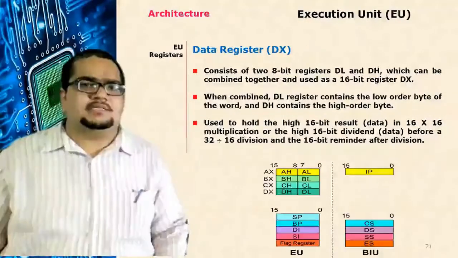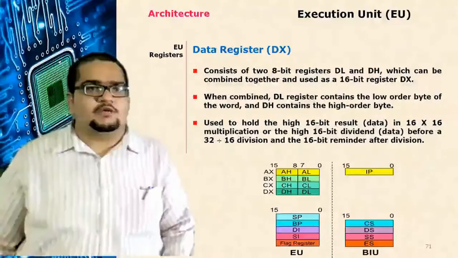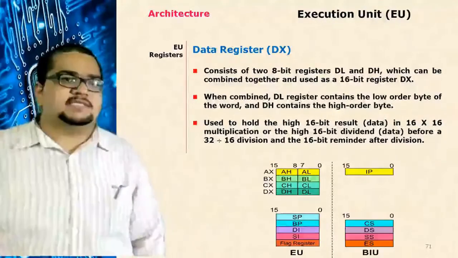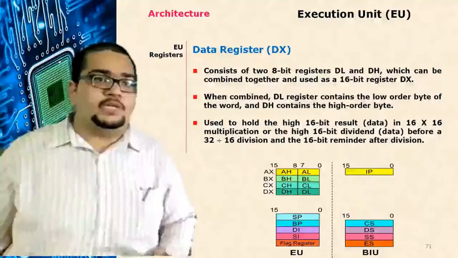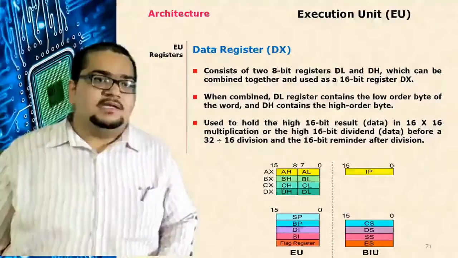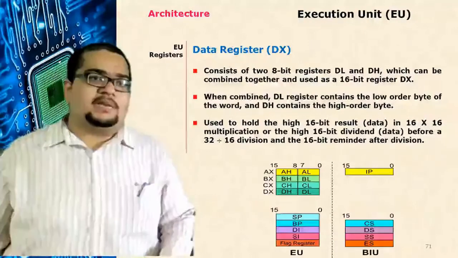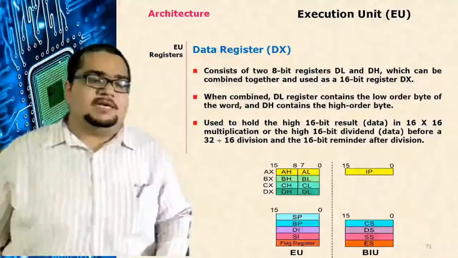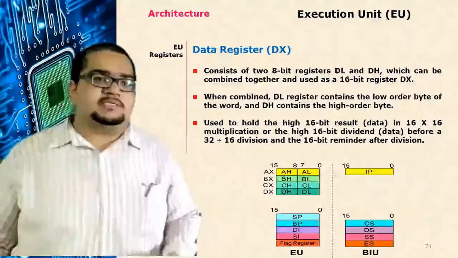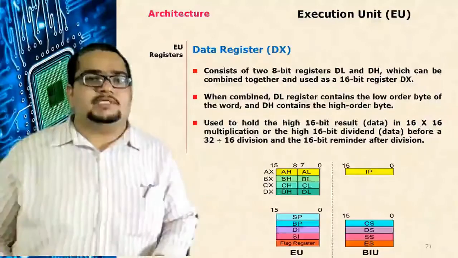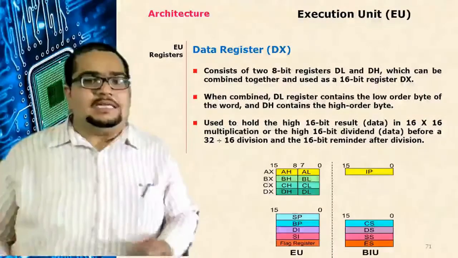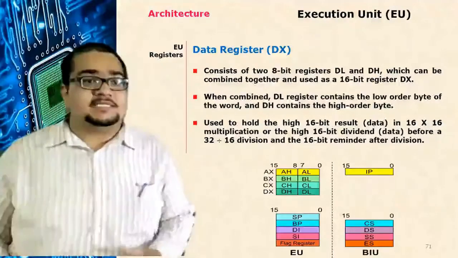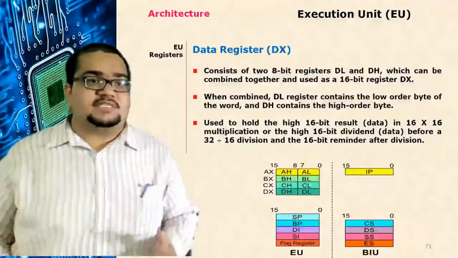Data register is again a general type of register only, but in some cases where accumulation is not possible only in the AX register. Suppose in a multiplication operation, you are multiplying two 16-bit numbers. Multiplying 8-bit numbers will give you a 16-bit result, but multiplying 16-bit numbers will give you a 32-bit result. The job of the accumulator is to hold the result, but its size is 16 bits, so it cannot hold a 32-bit result.